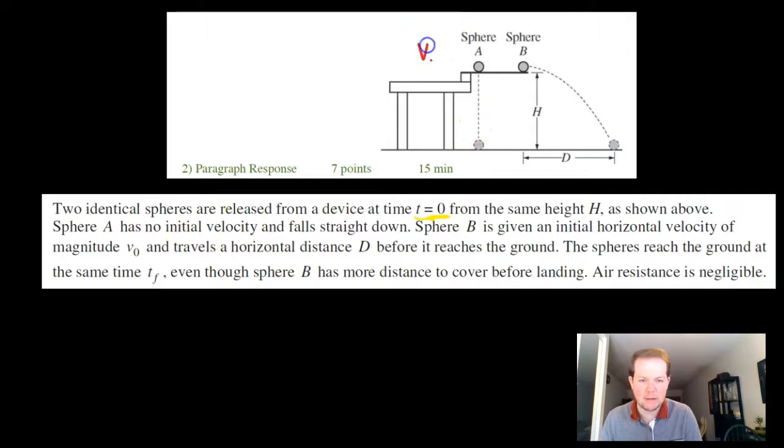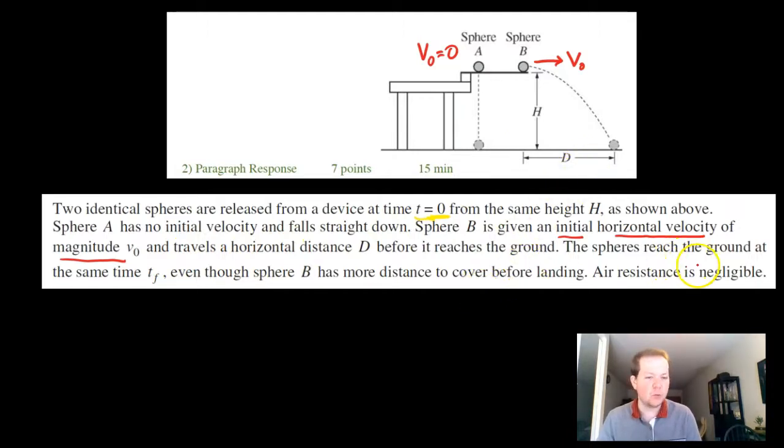Maybe I'll write down v not equals 0. It has no initial velocity and falls straight down. Sphere B is given an initial horizontal velocity of magnitude v naught. Okay, so B starts with this, v naught. So this is for A, this is for B. And travels a horizontal distance d before it reaches the ground.